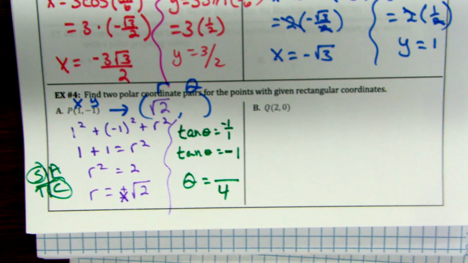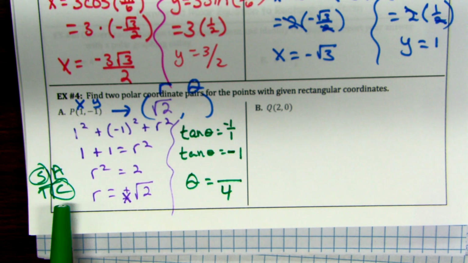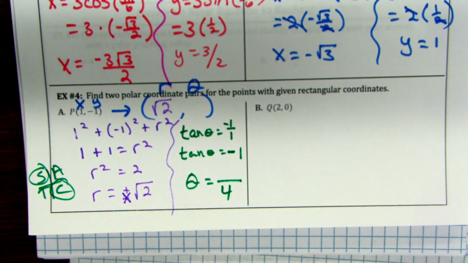So how do I choose between 3 pi over 4 or 7 pi over 4? Why? It is quadrant 4, but why? Okay, I'll tell you. So remember, the whole point, the reason I just acted this whole thing out, if I take this point in rectangular and this point in polar, I put them on top of each other, they're in the same place.